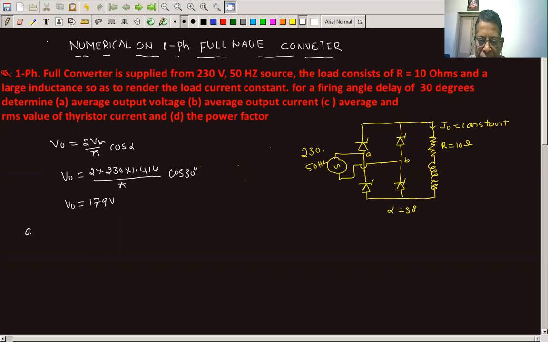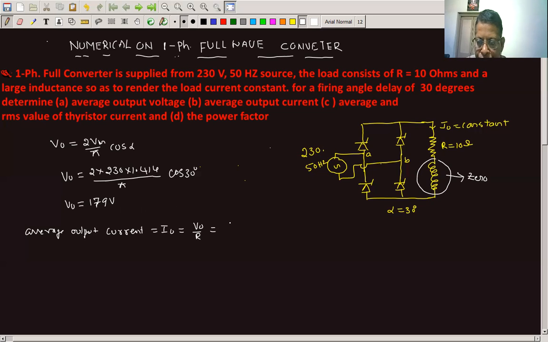Average output current, that we are representing as I naught, equal to V naught by R, because the average voltage across the inductor becomes 0.